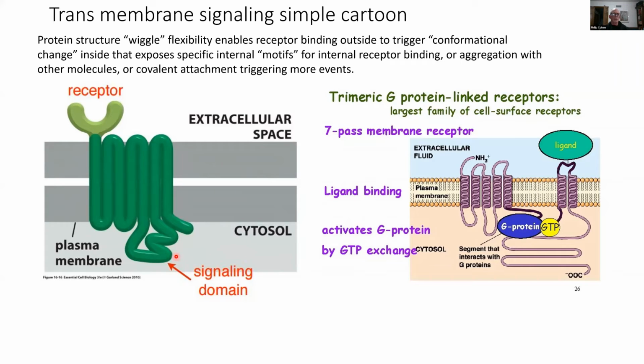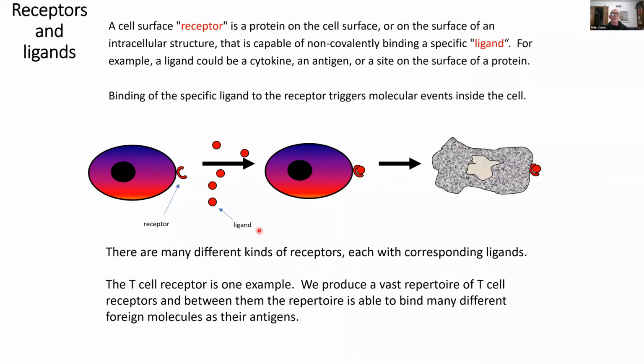It could be that it opens up a binding site for some enzyme to attach a phosphorus to. It's a whole different lecture, but that's the point here. So I'm not going to do more on that.